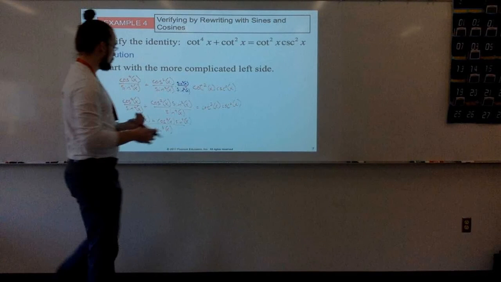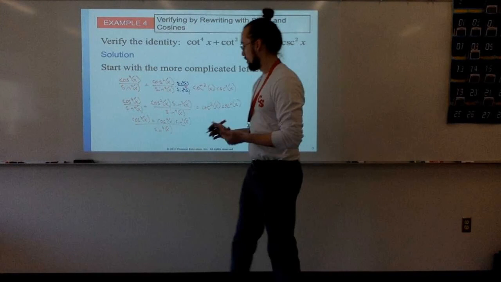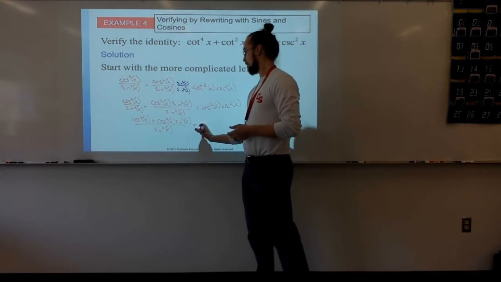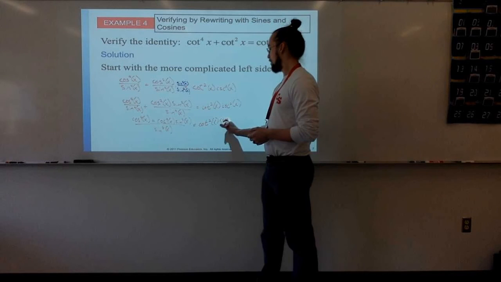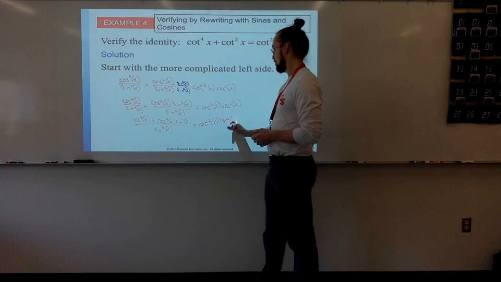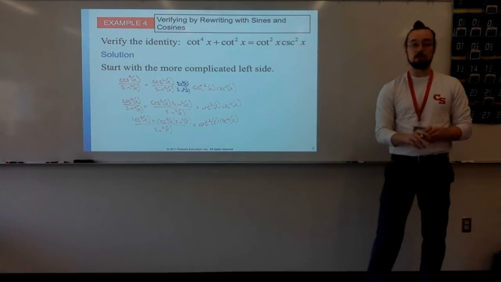Now if I look at my numerator, both of my terms have cosines. I could factor out a cosine squared from each of those terms.